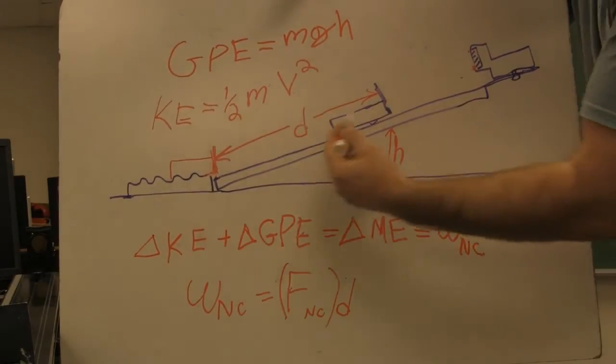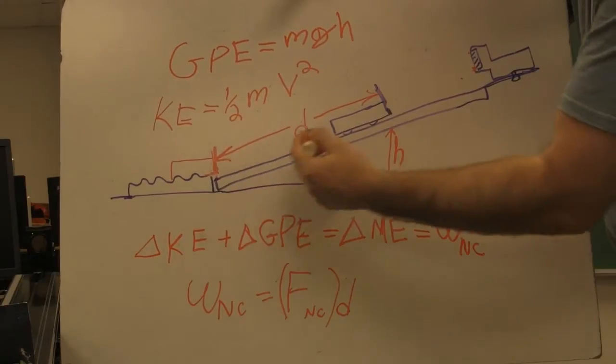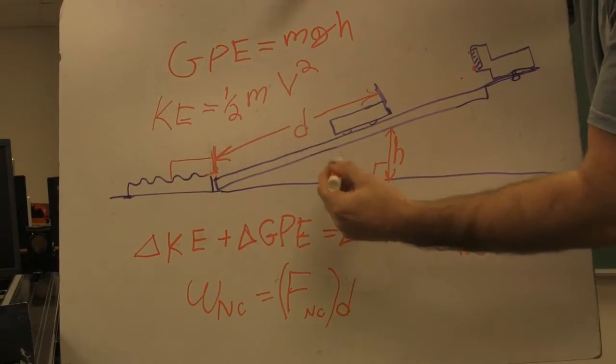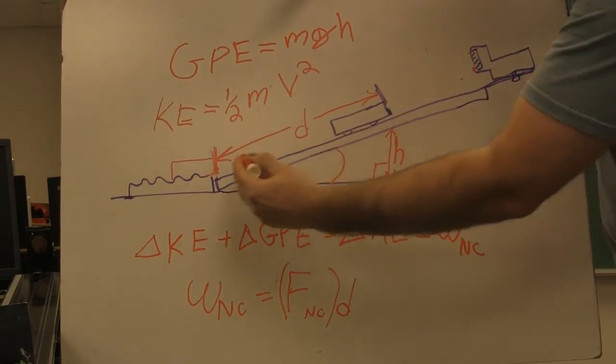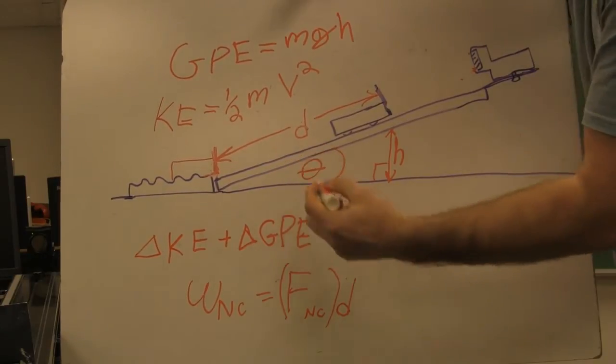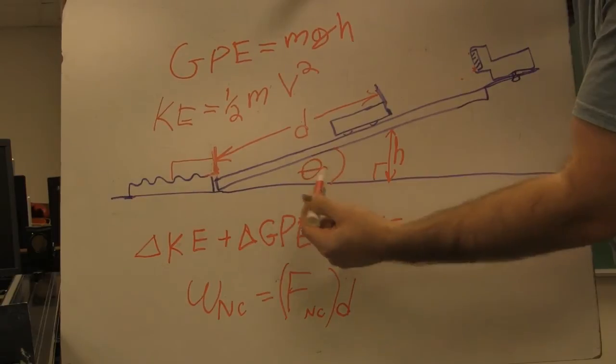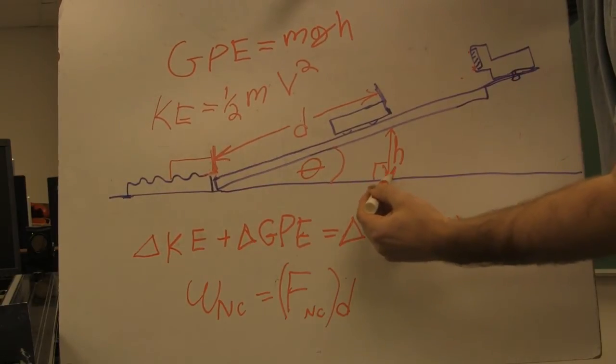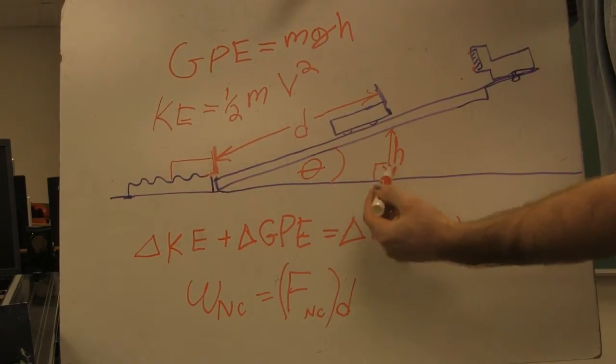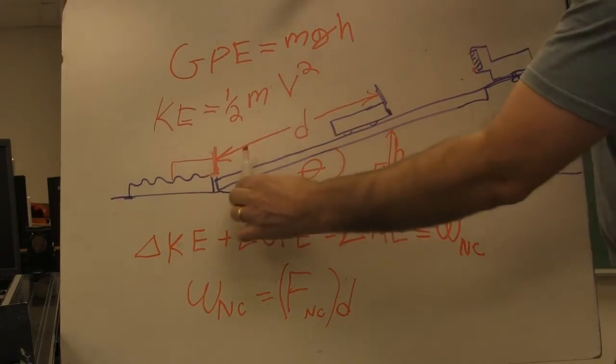So as the cart goes down the track, you see that this is a right triangle, and the hypotenuse of this triangle, and theta, if it were given, if you knew the hypotenuse and theta, you would be able to calculate what h is, the height of this triangle as the cart moves down the track.